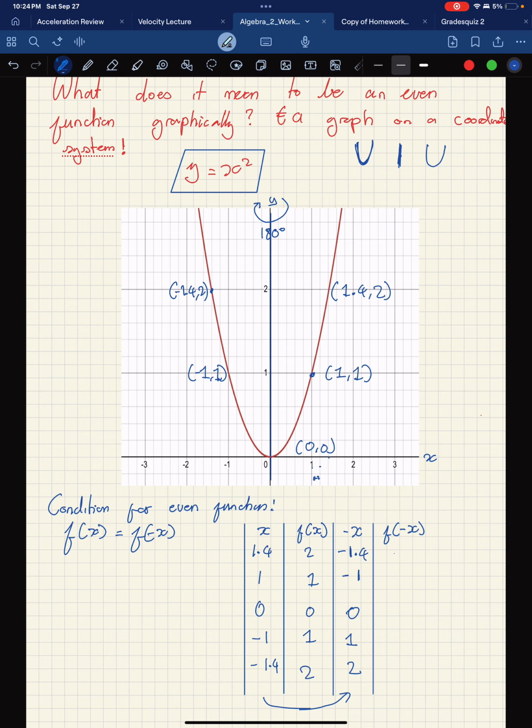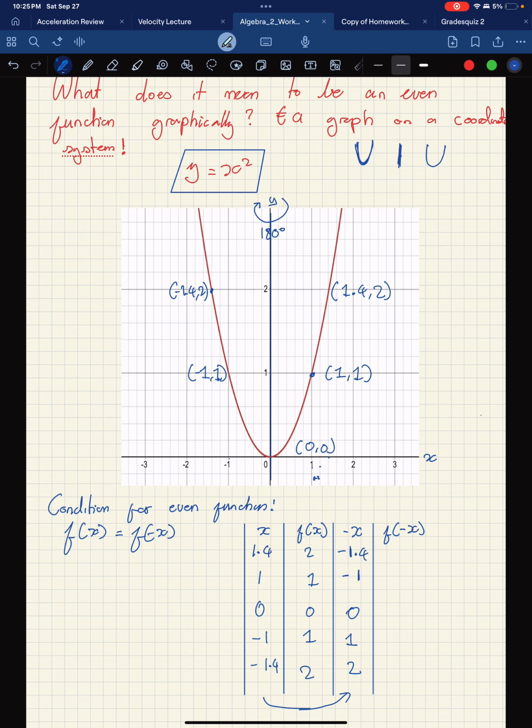So how do we find the outputs now? How do we find our y values? So we have to go to the particular point on the x-axis and see what it touches for y on our y-axis. So let me go to -1.4.